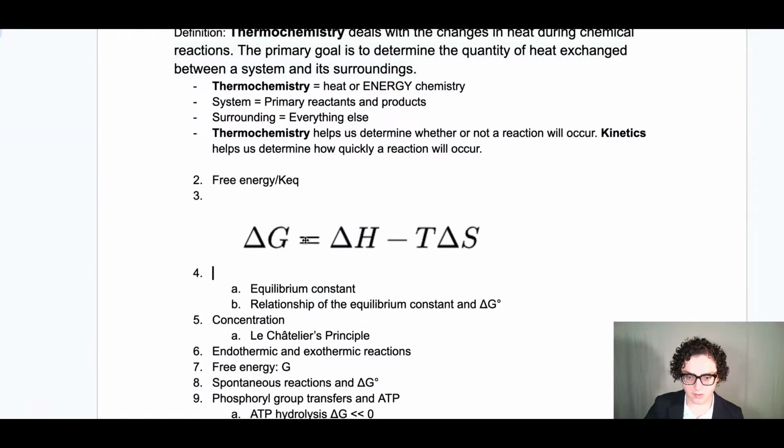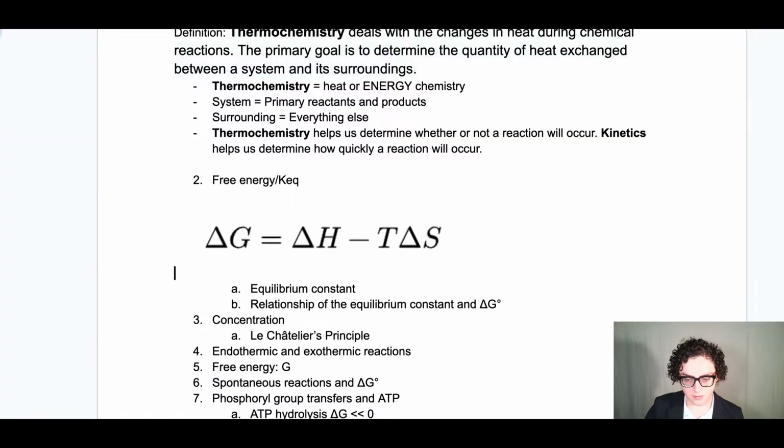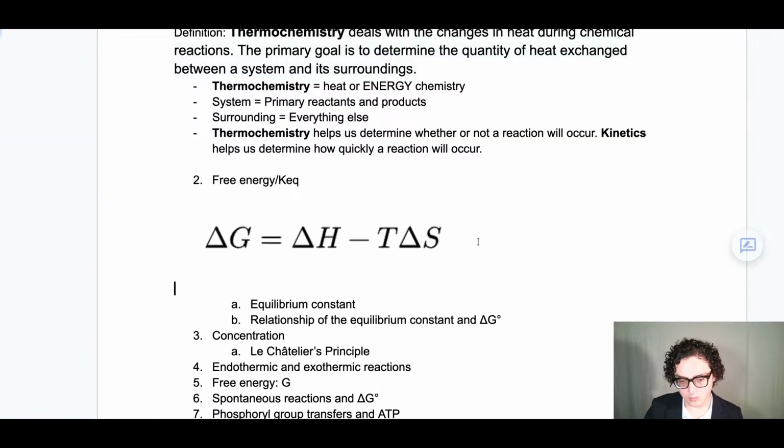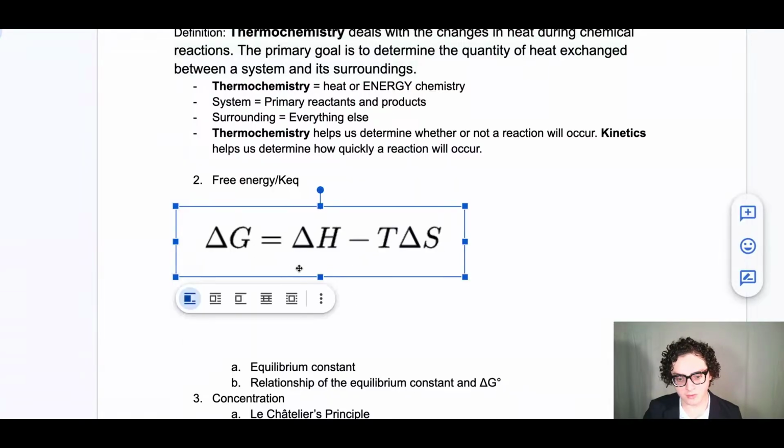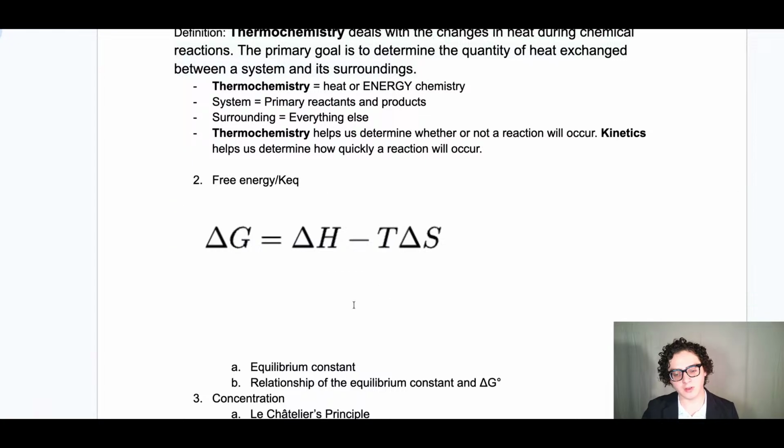Now, the definition demands more definitions because what I have here is an equation that has Gibbs free energy, which is symbolized by G on one side, and then I have these three other variables on the other side of this equation. It's important to start here because these three variables really define what Gibbs free energy is.